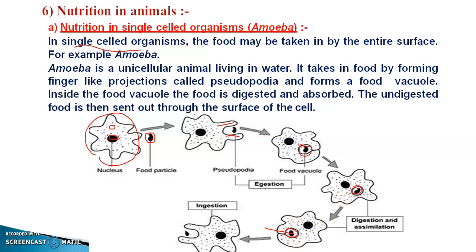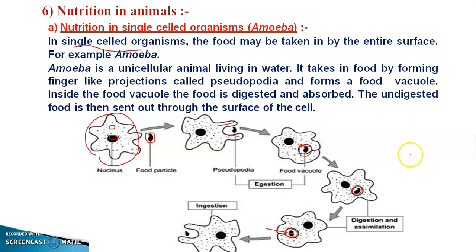So amoeba ingests food by the help of the pseudopodia, digests it, and finally excretes the waste through its body surface. This mechanism is known as diffusion, because in amoeba, food enters the body by diffusion and is excreted out also through diffusion.